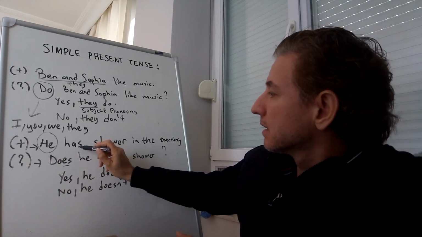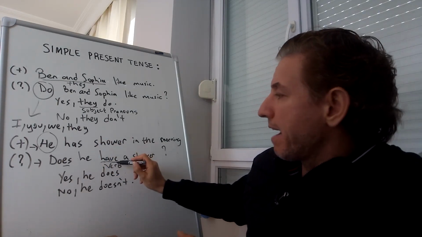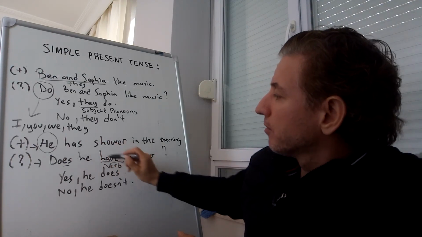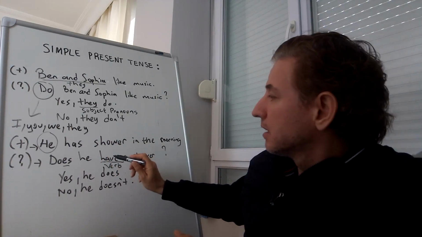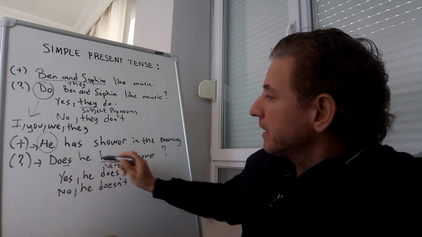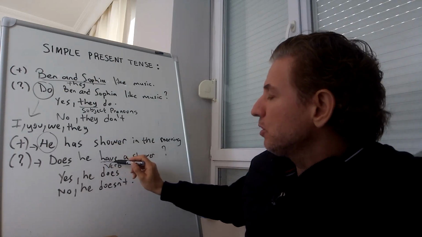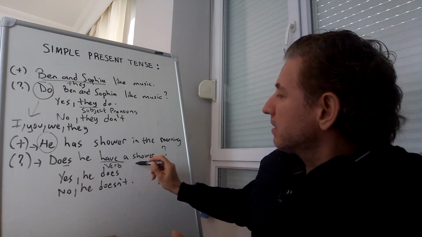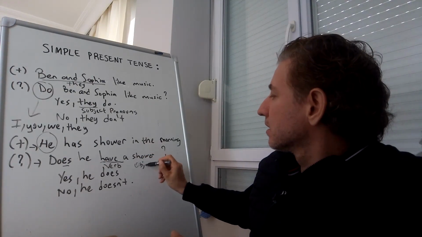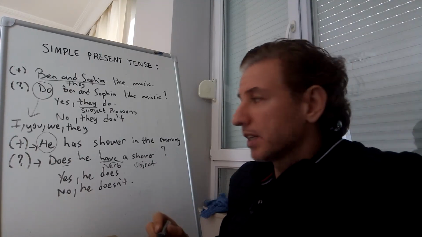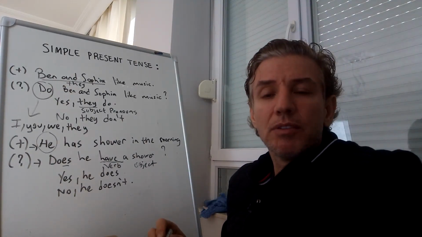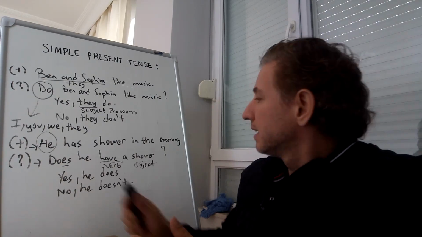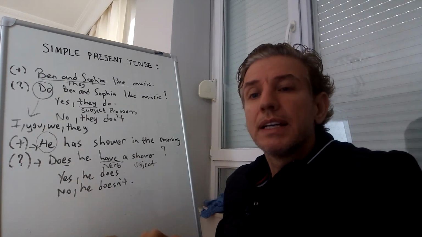So has transforms into have. Has is the form of have with s. Now we change has into have, base form. Then we write the object here. So, he has a shower in the morning. Does he have a shower in the morning? Yes, he does. No, he doesn't.